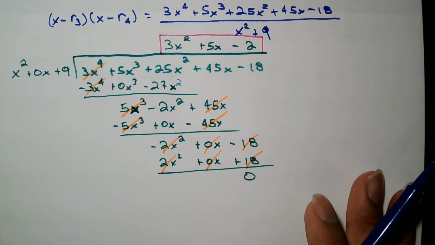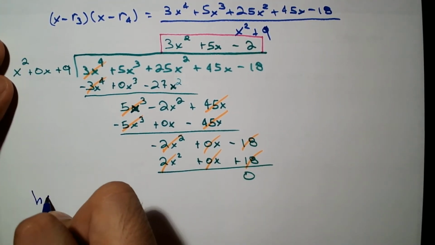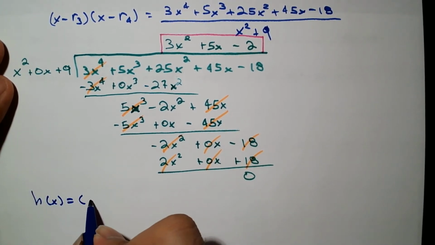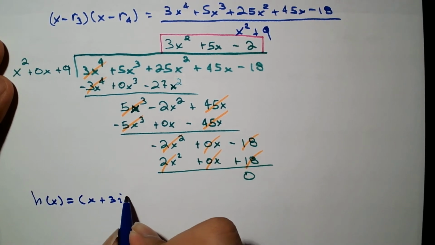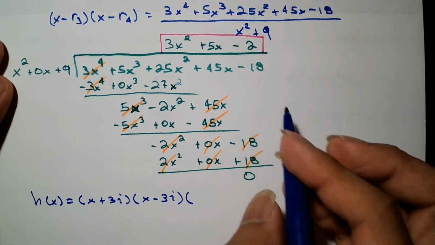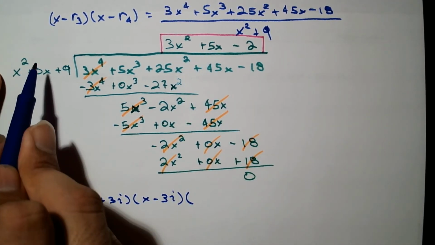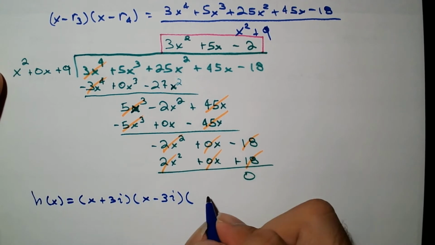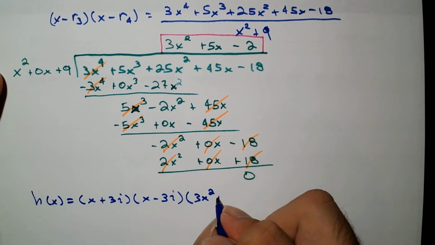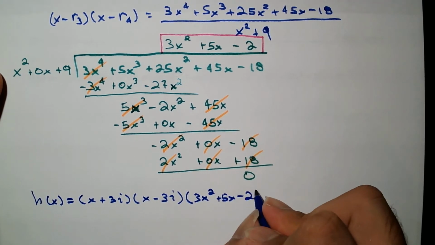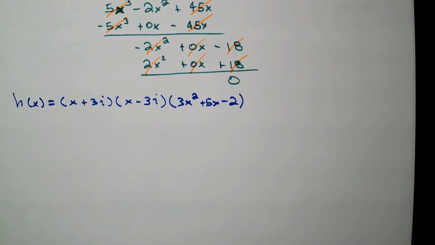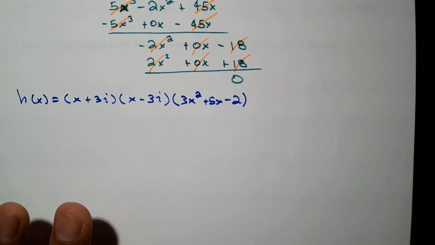So h of x equals, in this case, I'm going to go back to its factored form, x plus 3i times x minus 3i times the polynomial I got from dividing these two polynomials, which is 3x squared plus 5x minus 2. Now, in this case, we don't need to do any synthetic division or anything weird because, well, in this case, we didn't do any p over q.